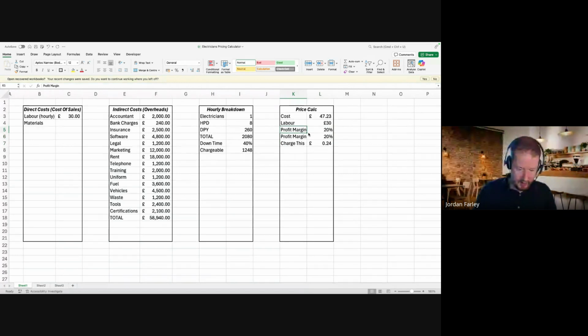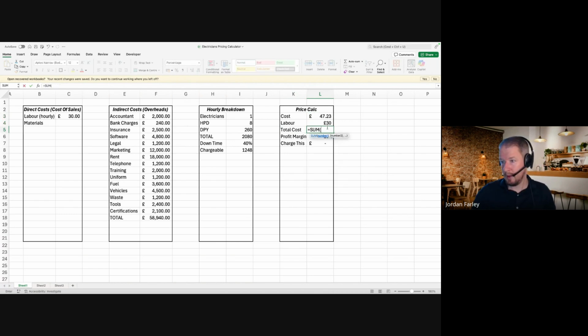The wizard that I am with Excel is going to sum these up. Boom. £77.23 an hour is what it costs you to run your business, including paying yourself £30 an hour or paying your employee £30 an hour, right?